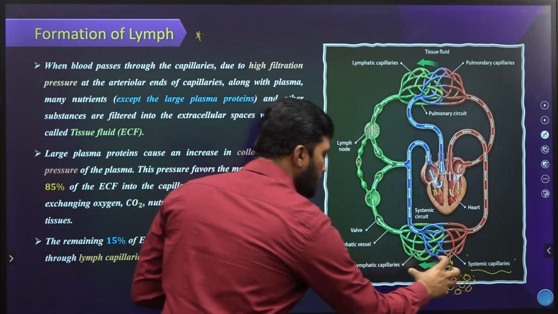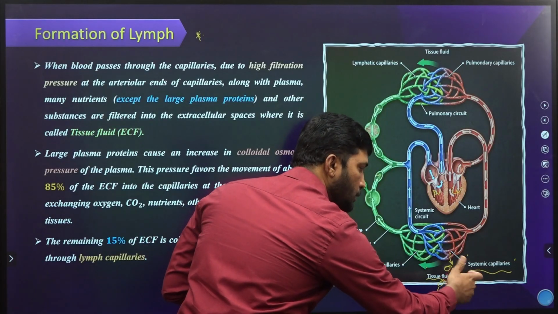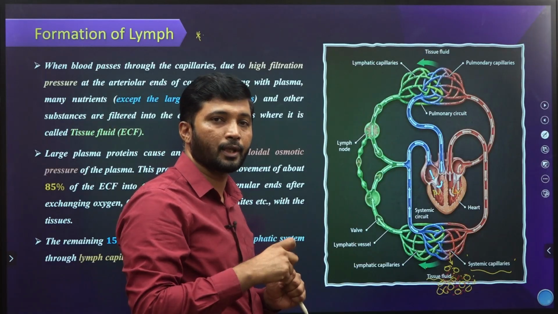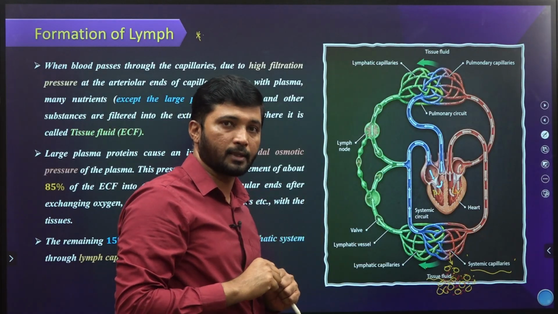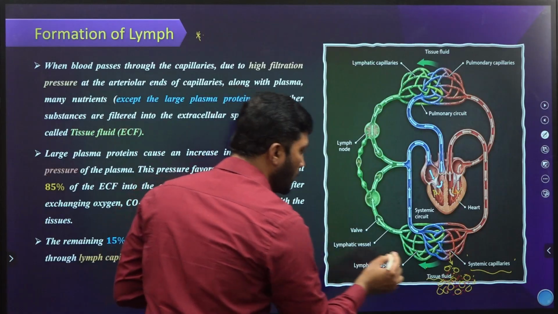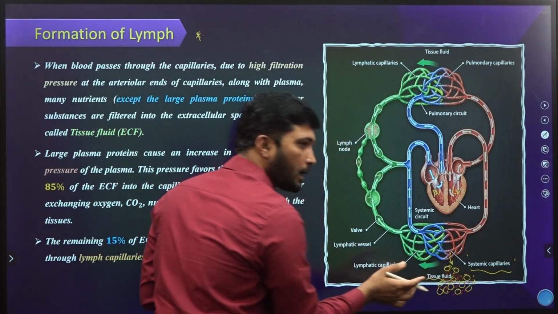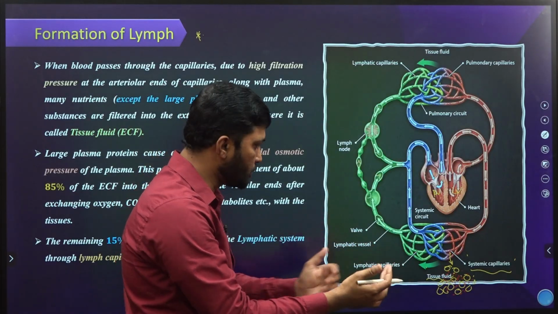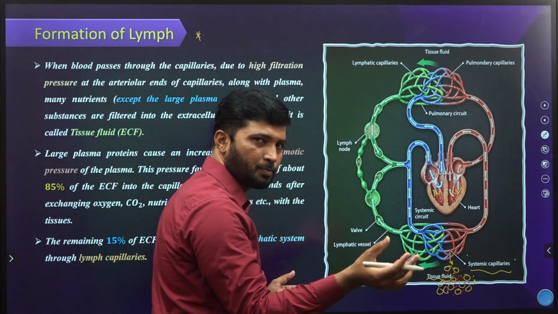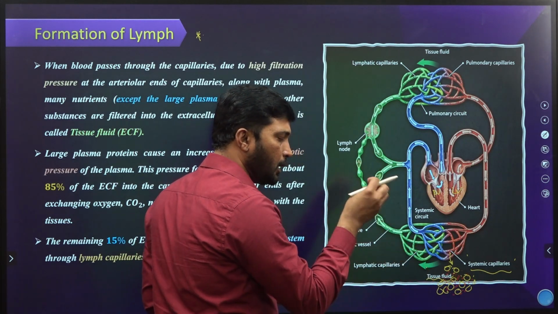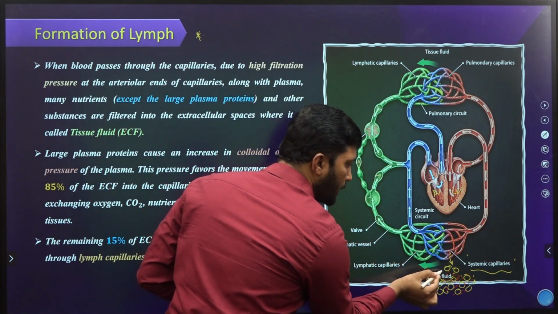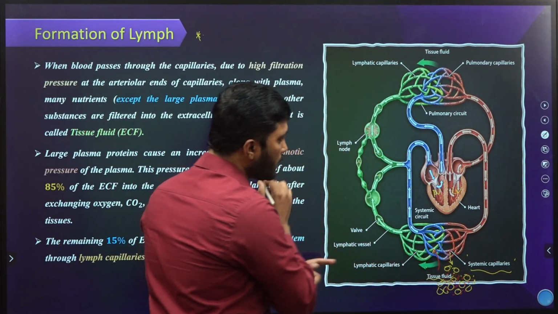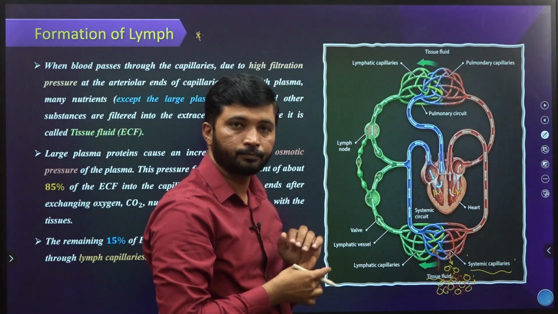What happens in the tissues? The cells utilize the tissue fluid: tissues utilize oxygen, nutrients and other essential substances. And then what happens? The rest of the tissue fluid, after exchanging gas and nutrients, along with the carbon dioxide, the venous, deoxygenated fluid, filters back into the venous system.